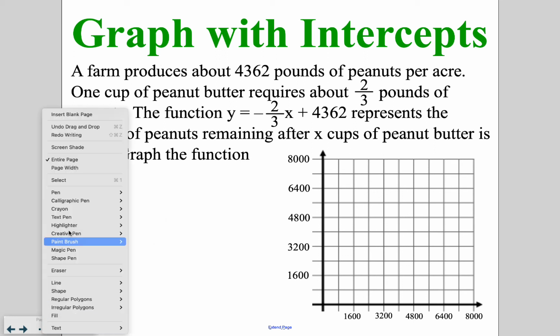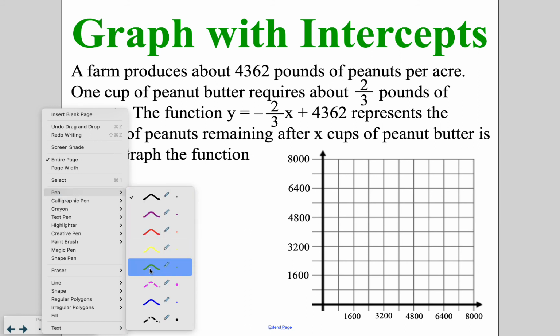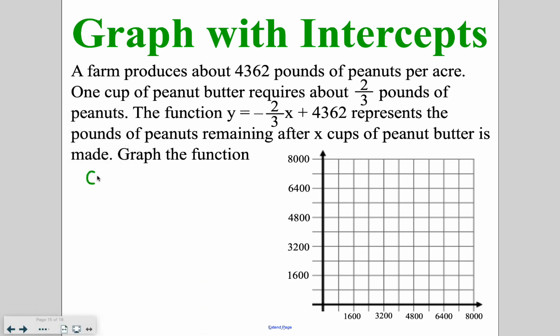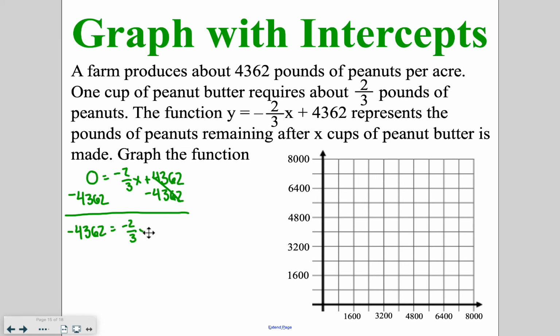So we're going to start by solving for our x, which means that we put 0 in the spot of y, and that gives us 0 = -2/3 x plus 4,362. We want to get rid of that 4,362 by subtracting that on both sides. And when I do that, I get -4,362 equals -2/3 x.